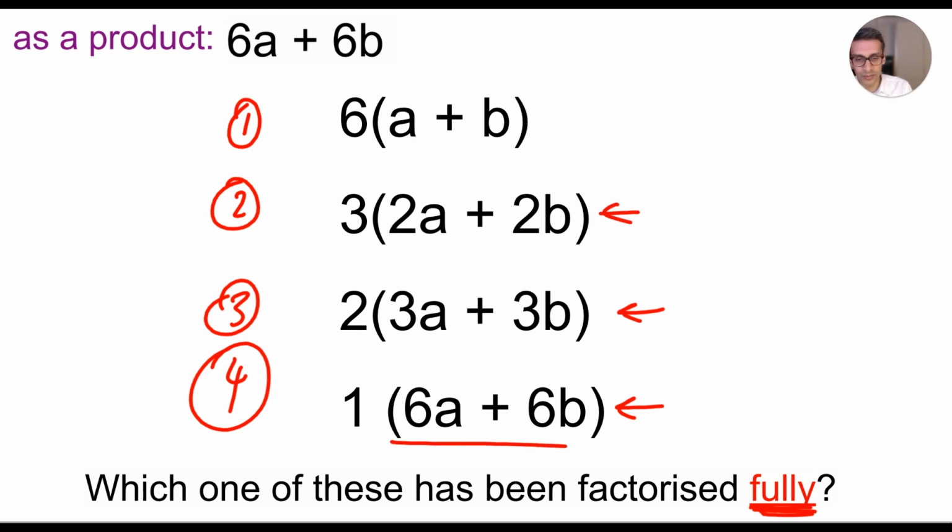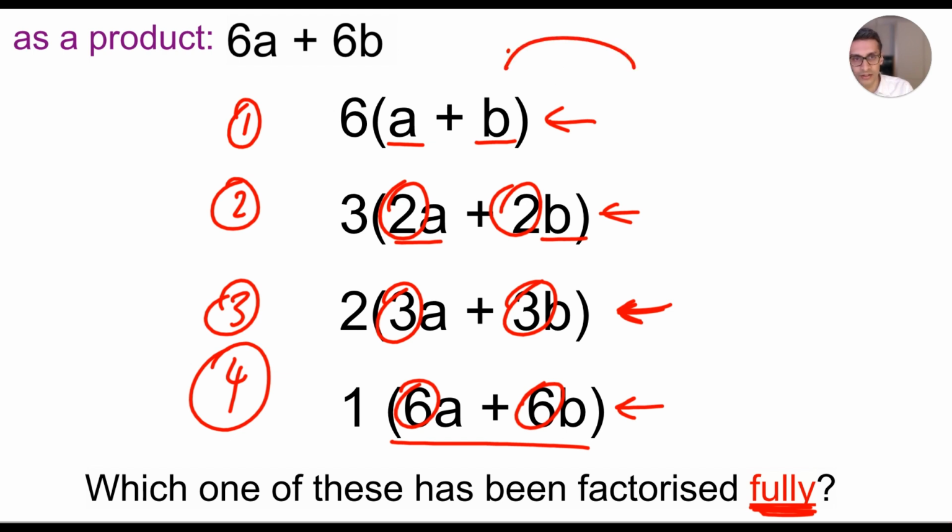So for example, in this bracket here, we can still take 6 out. It's common to both. In this bracket here, we can still take 3 out, it's common to both. In this bracket here, we can take 2 out, which is common to both terms. Now, for this bracket here, there's nothing else that's common inside the bracket. So we can say the one that's been fully factorized is this.